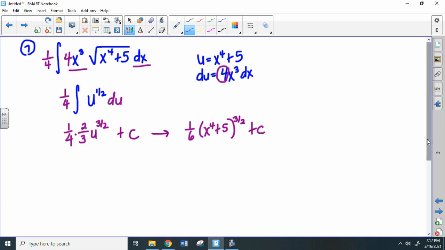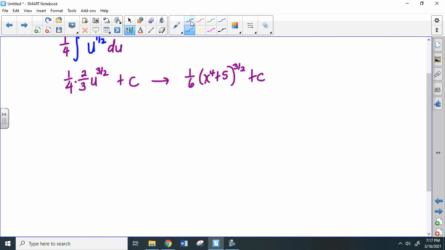Now what about some of the other functions that we've learned? Let's look at an e. e to the 2x dx. Typically e to the x is its own derivative and its own integral, but let me show you.